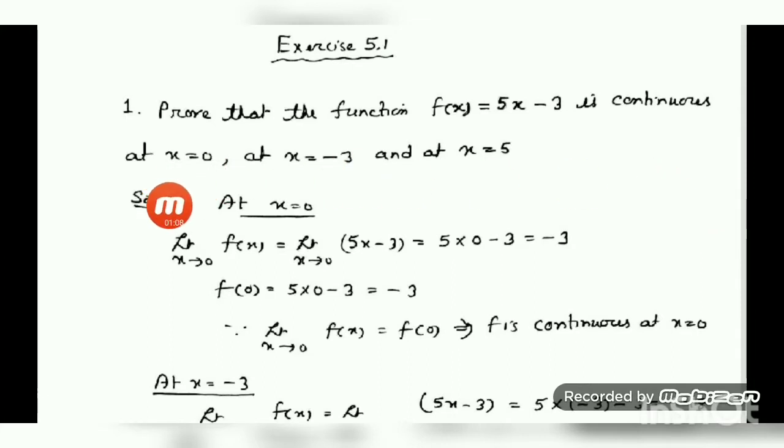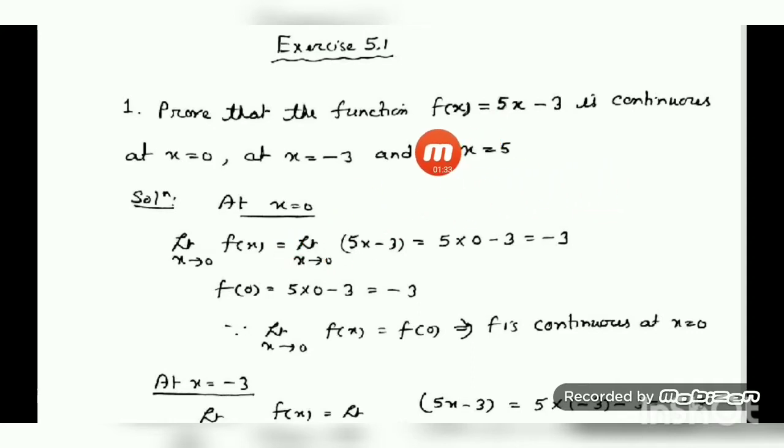So your first point is at the point x equal to 0. This is your function. So when I take the point x equal to 0, that means we have to take the limit x tends to 0, f of x. Now, here to check whether the limit exists or not, first you have to check whether we have to do left hand limit and right hand limit separately or just one is sufficient.